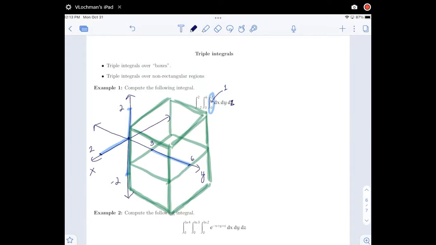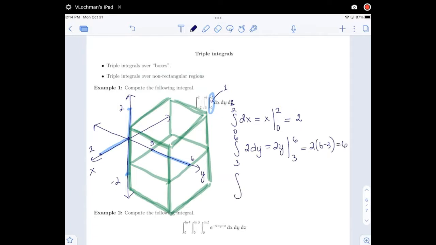So if I were to compute this, how would I do it? Now we're just integrating 3 times. So if I go from the inner dx, that's just x evaluated between 0 and 2, so that's 2. And the next one is with respect to y, so that's 2 dy. 2y between 3 and 6, so that's 2 times 6 minus 3. 6 minus 3, that's 3 times 2, that's 6.